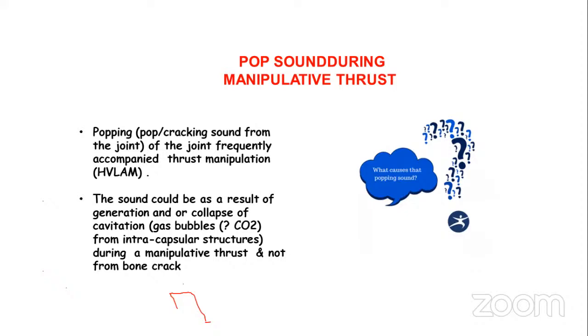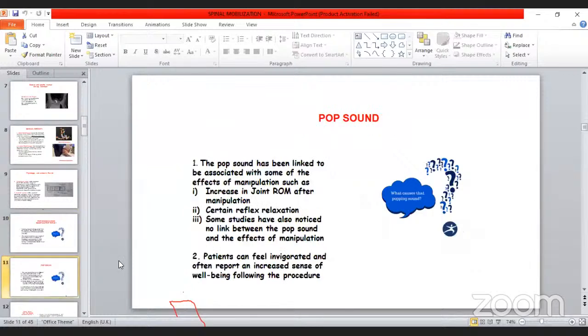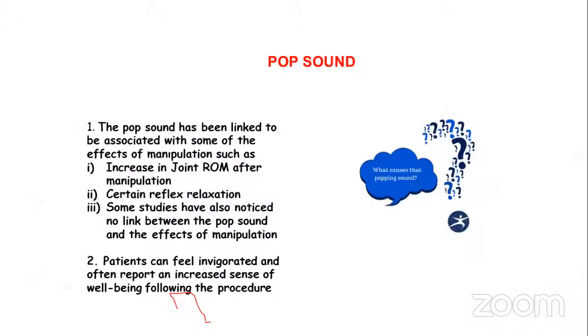All right. So what about the sound then? A lot of literature and patient response have linked the presence of that sound to positive benefits in manual therapy. Sometimes when that sound comes, patients will report or therapists will measure an increase in the joint range of motion.